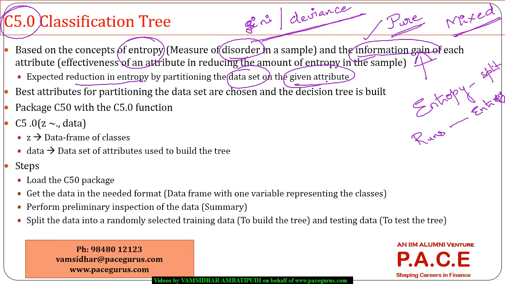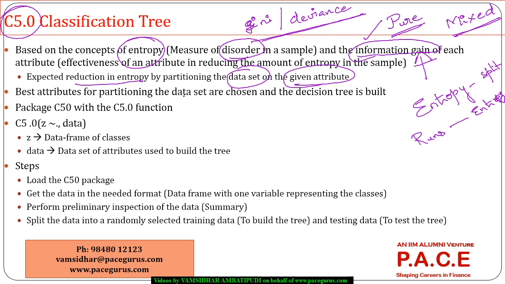But if the entropy does not come down at all, that particular variable can very well be ignored for doing the classification of the data. So that's how the reduction in the entropy, which is otherwise an information gain, can be looked at in terms of assessing the goodness of the classification tree.